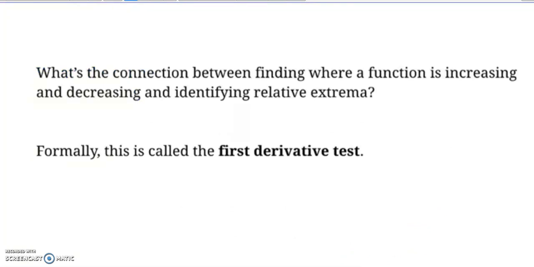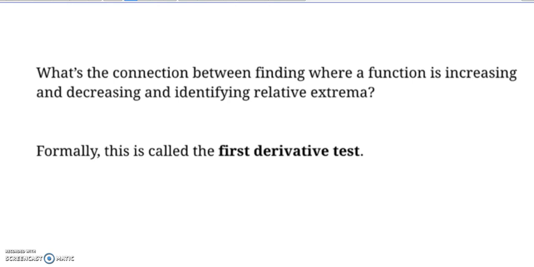So what's the connection between finding where a function is increasing and decreasing and identifying the relative extrema? We found where the function was increasing and decreasing on open intervals the previous day, but now we're jumping to the relative extrema, which is what we formally call the derivative test.